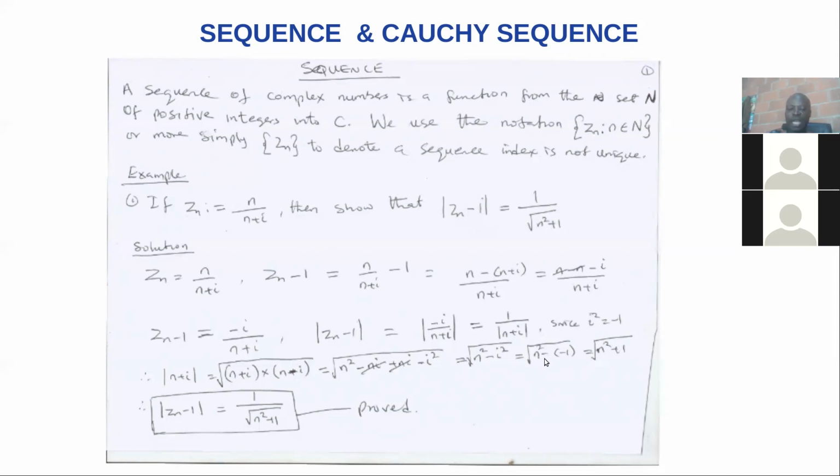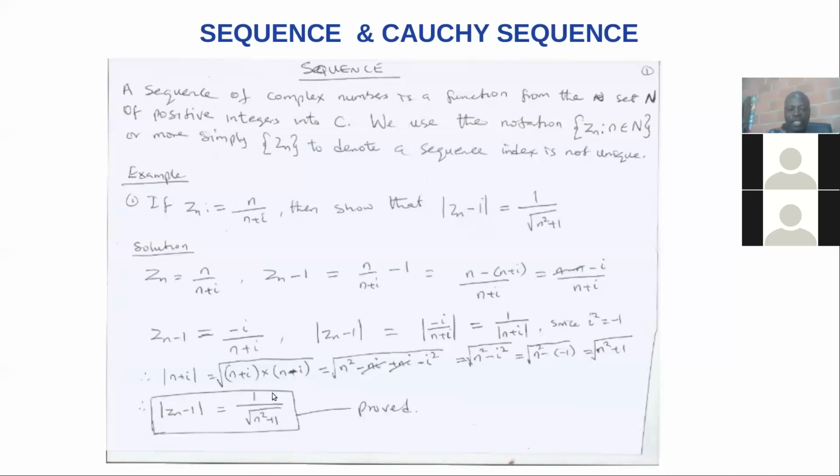So the question now is, how do we find the modulus of this n plus i? The modulus can actually be written as n plus i times n minus i, just like what we call a product in algebra. There is something we call the difference of two squares. If you have a squared minus b squared, you can write it as a plus b times a minus b. That is what I've done here.